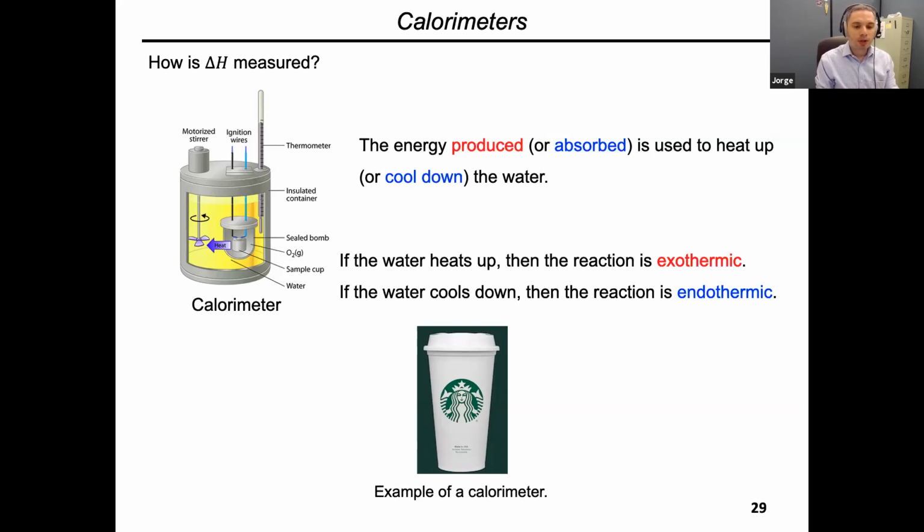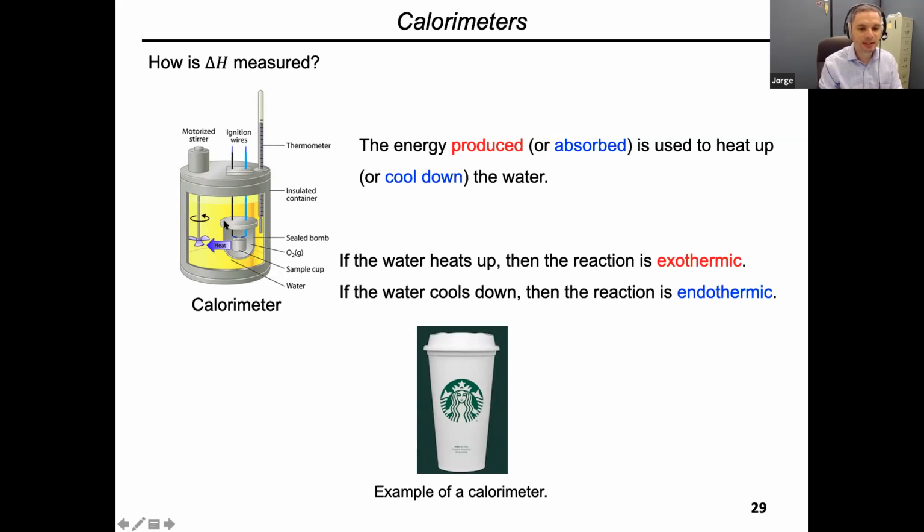To measure delta H in the lab, we need to use something called a calorimeter. A calorimeter is basically a block made of stainless steel, for example. Inside this block, there is water, represented here by the yellow liquid. There is a stirrer to make sure the temperature is homogeneous throughout the solution.